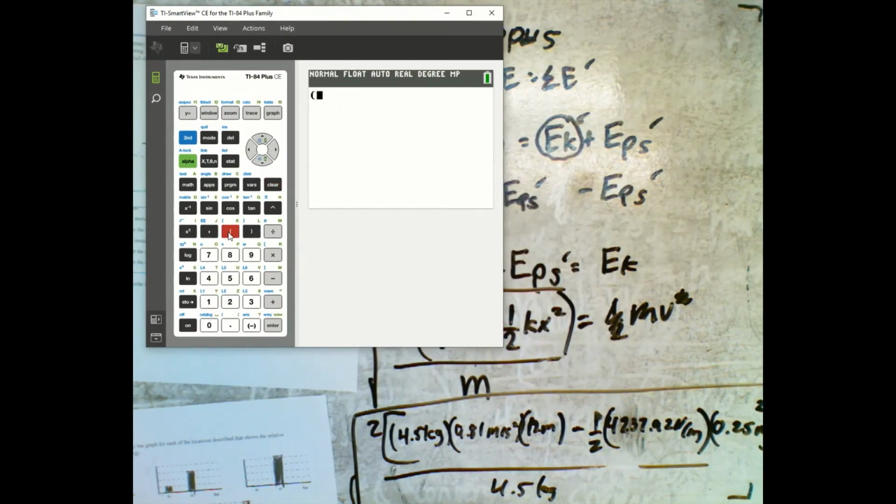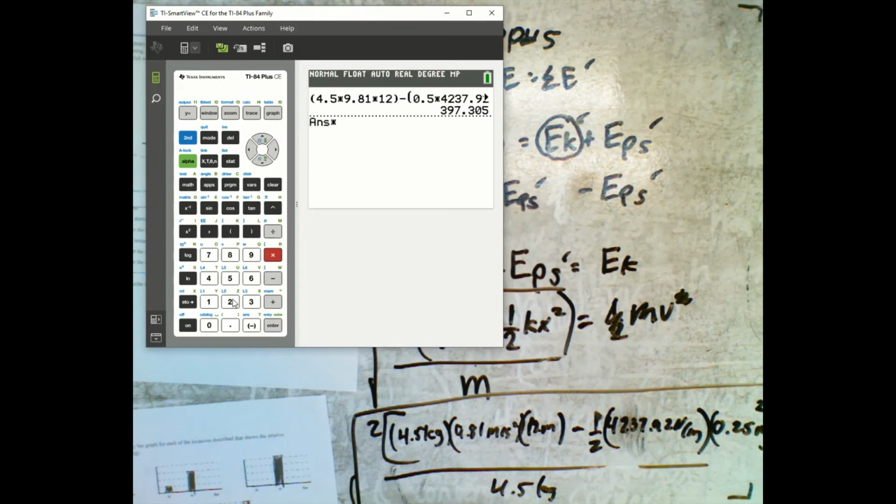So in brackets, I'm going to go 4.5 times 9.81 times 12, close my brackets, and then subtract 1/2 times 4237.92, which is my spring constant, my full answer, and then multiply that by 0.25 squared, and then close my bracket.